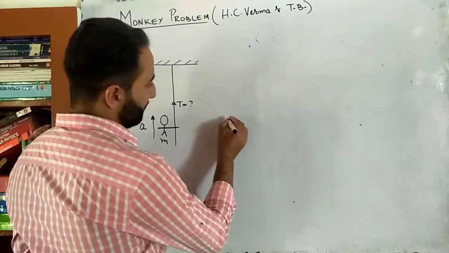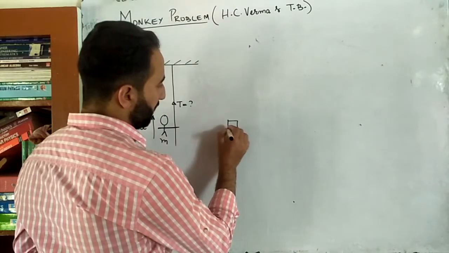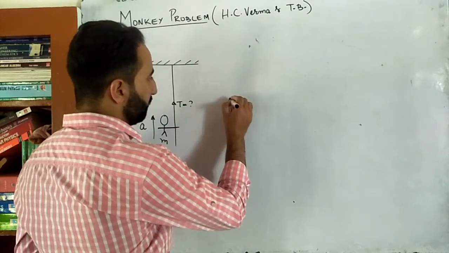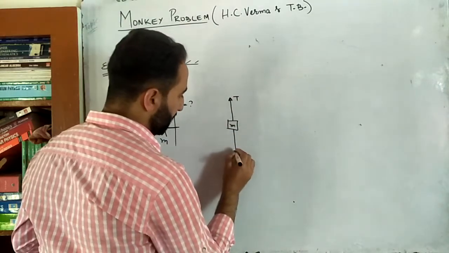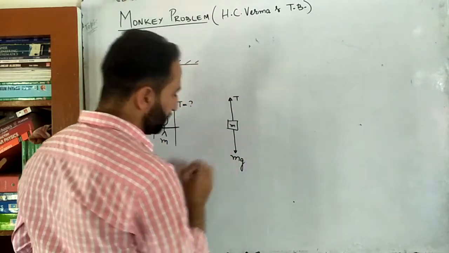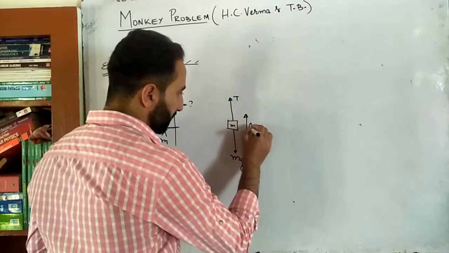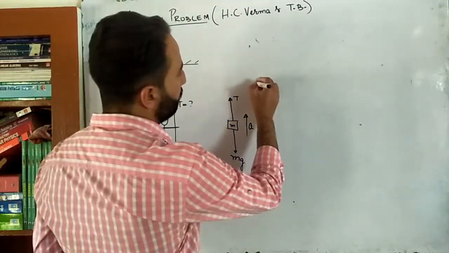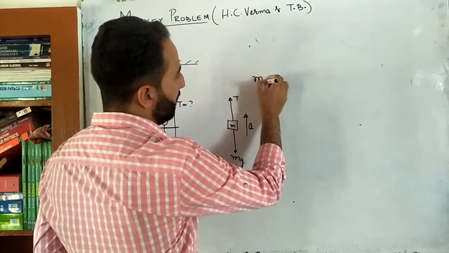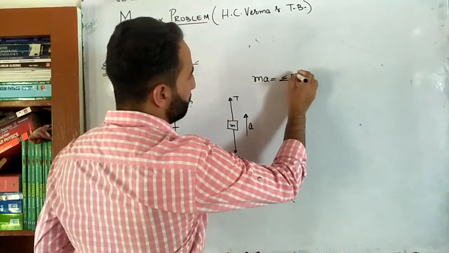What you do is simply construct a free body diagram. Suppose this is the monkey of mass m. In the upward direction, the force is the tension. In the downward direction, the force is the weight, which is m multiplied by g. It accelerates upwards, so the acceleration is a. Simply use Newton's second law of motion: m into a is equal to the summation of all the external forces.